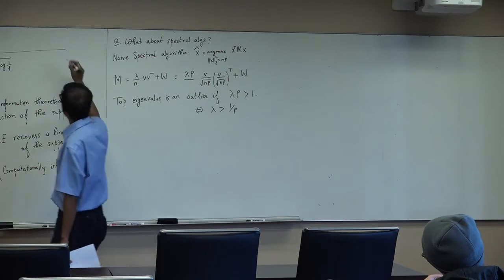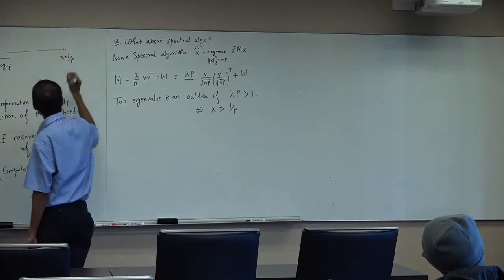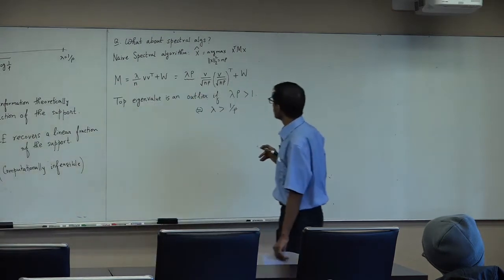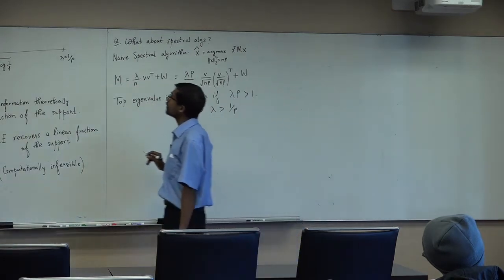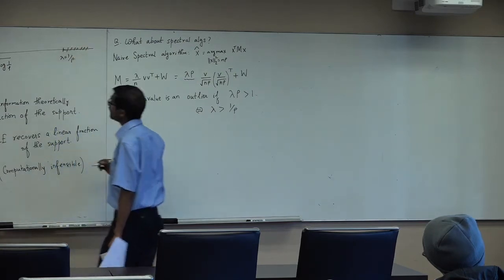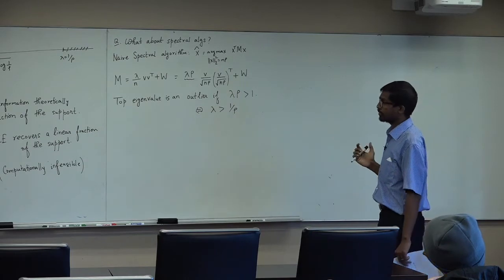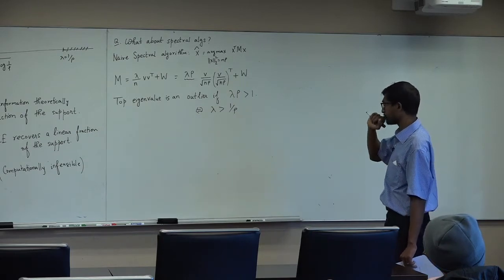Out here somewhere far is lambda equals 1 over rho. If lambda is bigger than 1 over rho, then even if I take the top eigenvector, it will have some linear correlation with the planted truth. Okay?